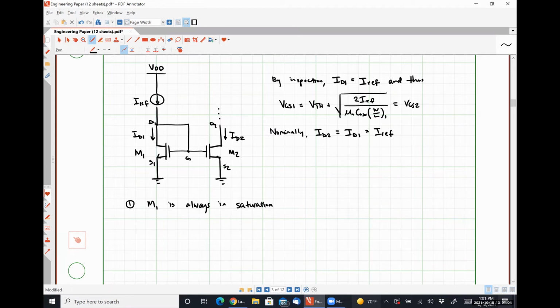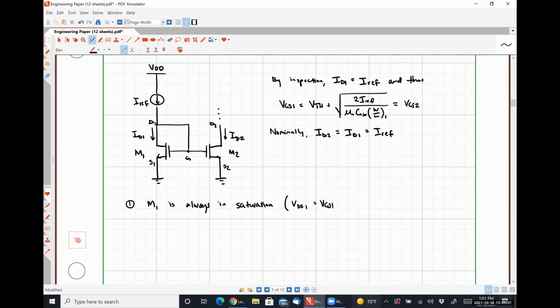Okay. What do you mean by self-biasing? Like, I agree from what we talked about back in 335 and 336, but what does that really mean here? So we can see by inspection that VDS1, the drain source voltage for transistor M1, has to be exactly the same as VGS1, right?